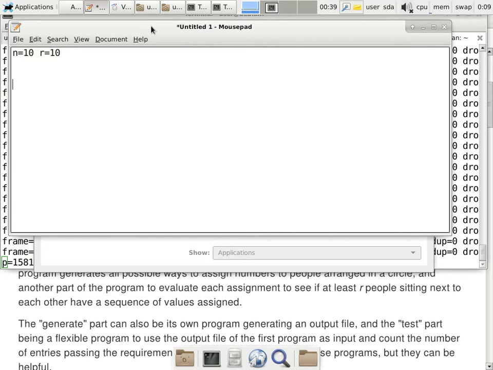It would be like this: 1, 2, 3, 4, 5, 6, 7, 8, 9, 10. And of course there's also the other way around, 10, 9, 8, 7, 6, 5, 4, 3, 2, 1, which is the opposite way. But that's really just a symmetric, mirror image, and you just double it.